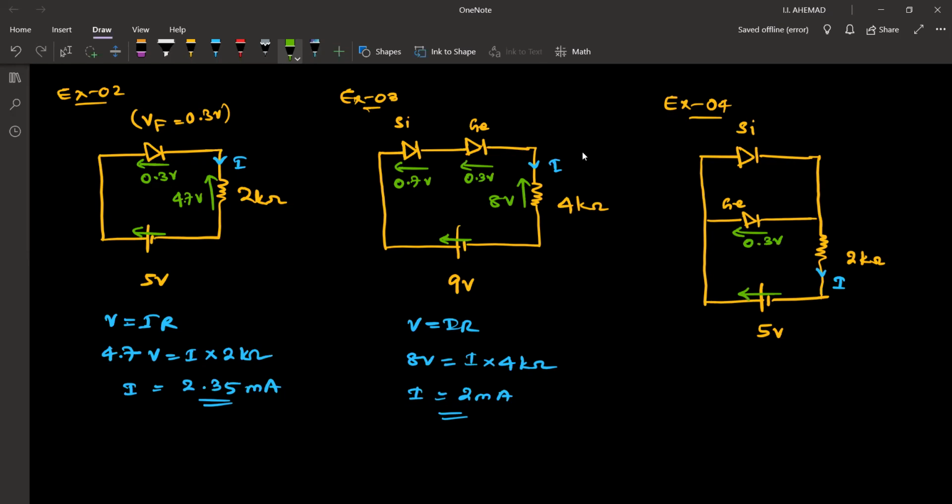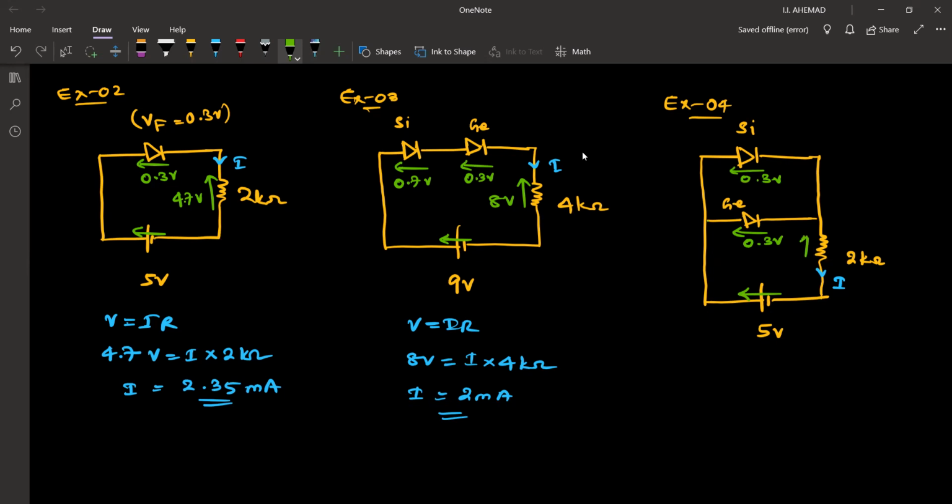Once this is forward biased, current can flow through this germanium diode only. It doesn't need to go through this silicon diode. So this silicon diode also will have 0.3 volts because they are connected to the same point, which is not sufficient to forward bias the silicon diode. So the current will flow through this germanium diode and it will only use 0.3 volts.